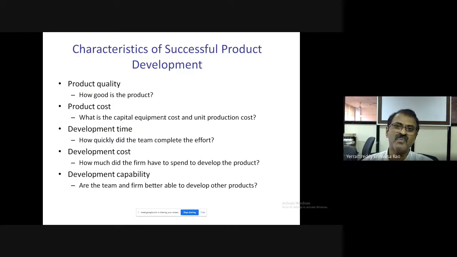Okay, so every product has its own characteristics. You have to look at it carefully: product quality, product cost, development time. This is what I was telling you. Then development cost and development capability. You all know, anyhow you can make a prototype, but if you want to develop this as a product, then the capabilities matter, right?